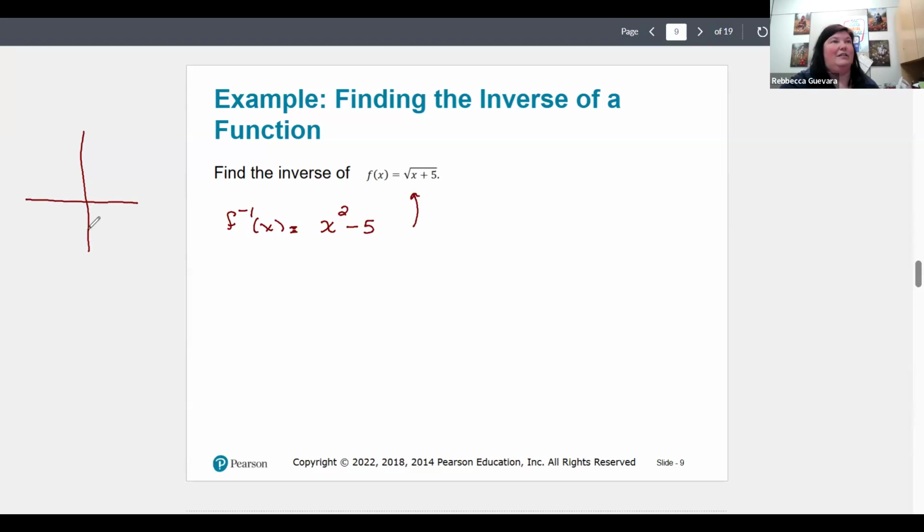So this would look like this function here, shifted down to negative 5. But once again, if I only wanted to keep half of that, I'm going to have to restrict the domain. So my inverse is actually going to be x squared minus 5 on the domain of 0 to infinity.